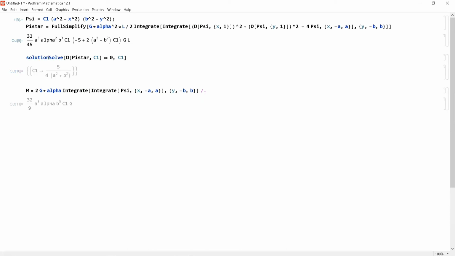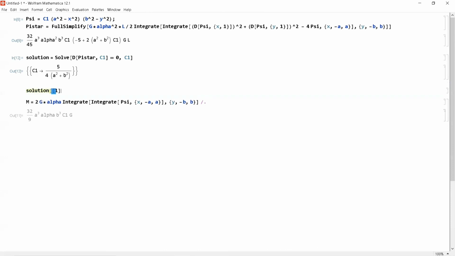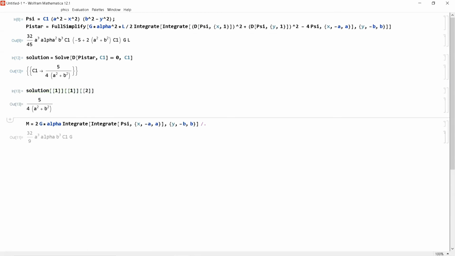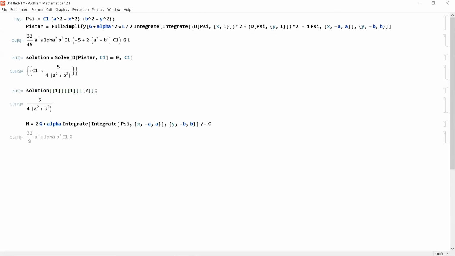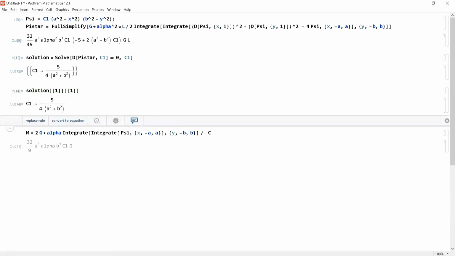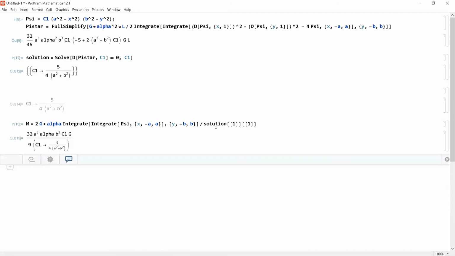Solution. And I have to make sure I'm picking the right thing. Okay, yeah, I picked the right thing. So I'll now take C1. Oh, I don't have to do that. I can just do this. Yeah. So now I'm going to evaluate it at this solution here. No, I guess I have to do it.